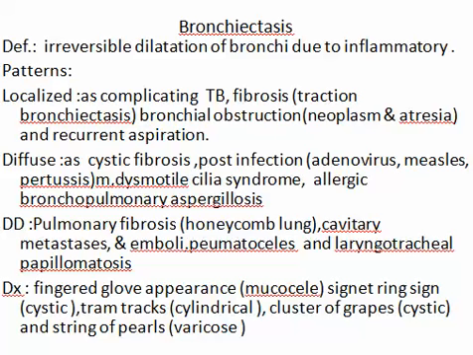It may be diffuse, cystic, as in cystic fibrosis or post-infection, or the dysmotile cilia syndrome, or aspergillosis, may be diffuse bronchiectasis. It may be related to pulmonary fibrosis, as we said, and the differential diagnosis is the fingered glove appearance mucocele.